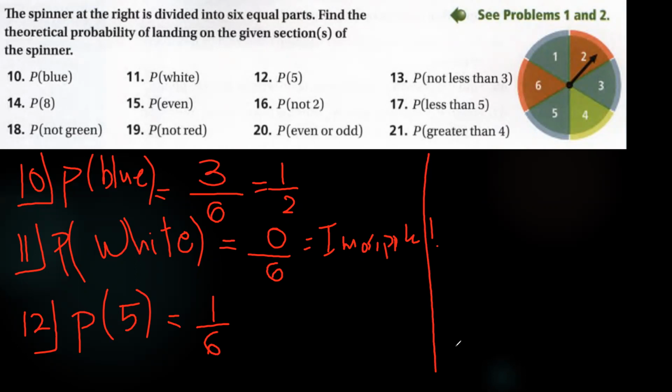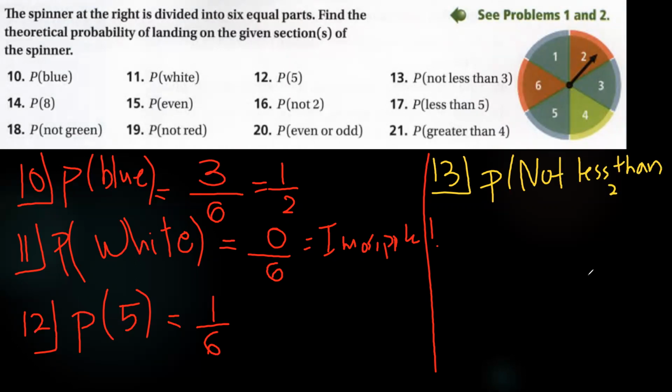Now, number 13. Probability of the numbers that are not less than 3. When I see the word not, what do you have to do?